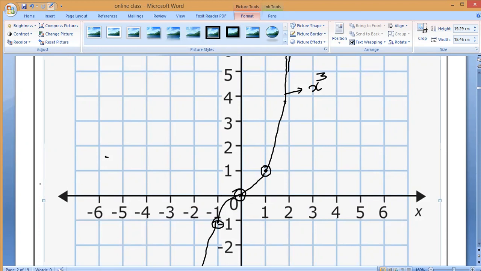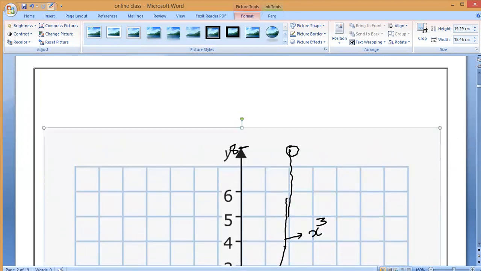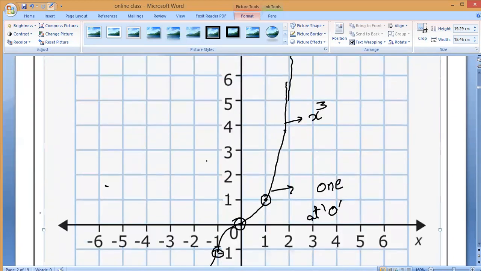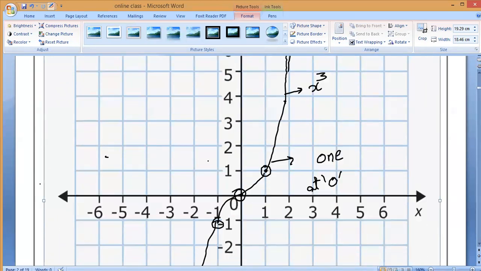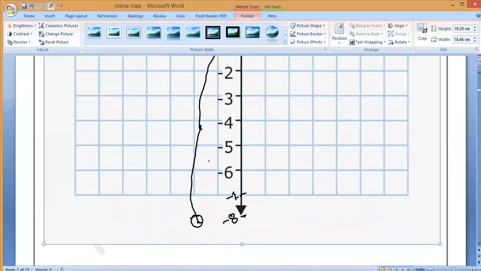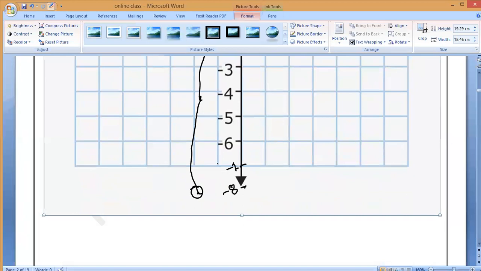The graph touches the x-axis at one point, so 1 zero. Here 0 is the zero of the polynomial. This is an example of a cubic polynomial with one zero. Understood? Any doubt, ask me.